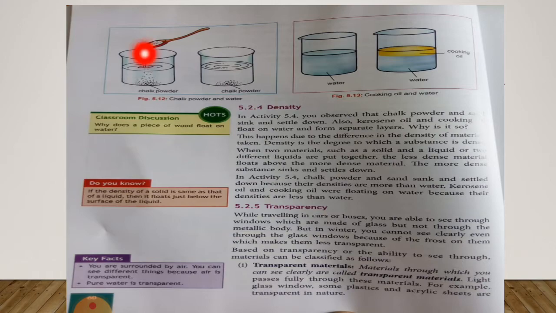Here in the diagram you can see figure 5.12, in which when we take chalk powder in a beaker, then we can see that chalk powder settles down, and when we take cooking oil like mustard oil in a beaker containing water, you can see that cooking oil makes a separate layer on the upper portion of water. Is that clear, students? Now in the next class we will see density.